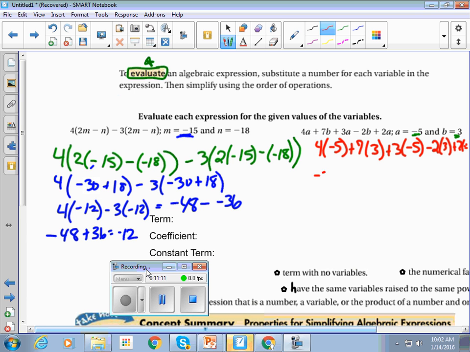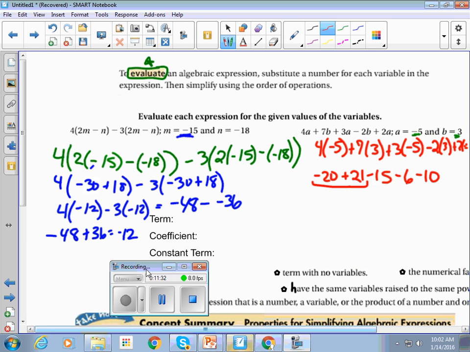4 times negative 5 is negative 20. 7 times 3 is 21. 3 times negative 5 is negative 15. Negative 2 times 3 is negative 6. And 2 times negative 5 is negative 10.